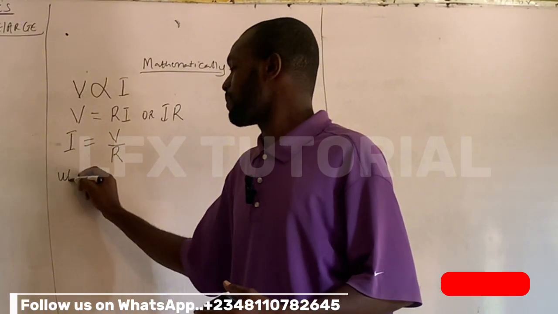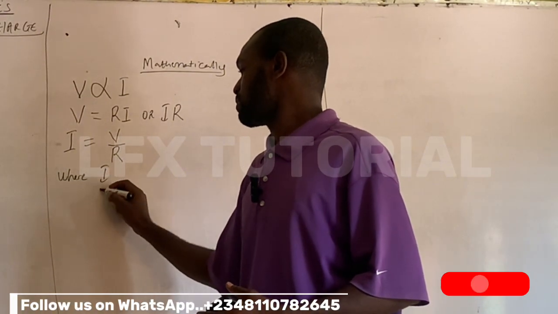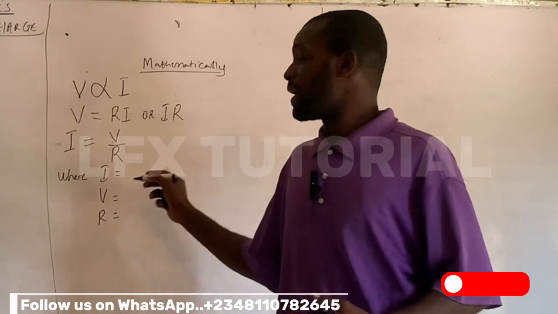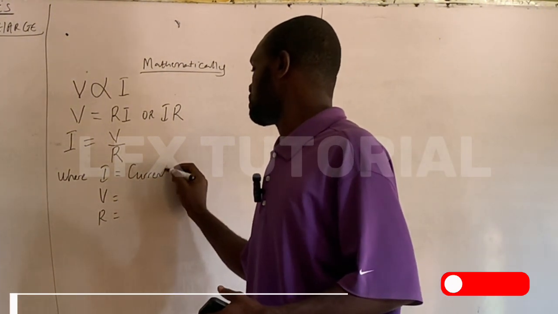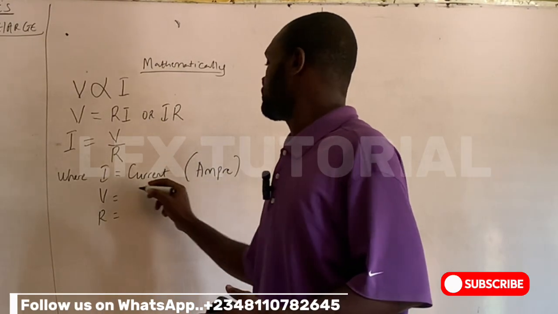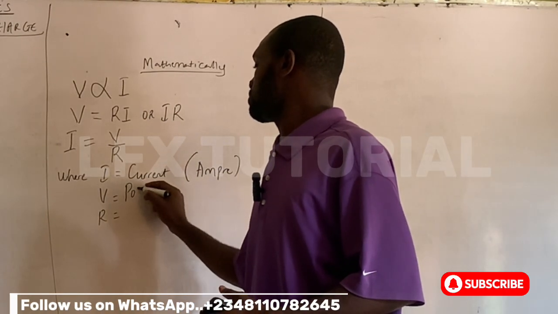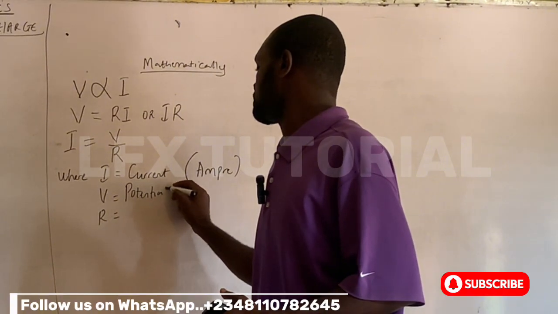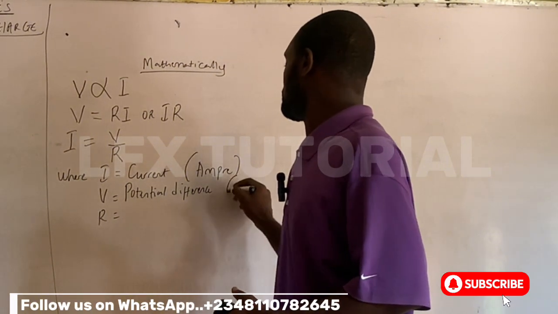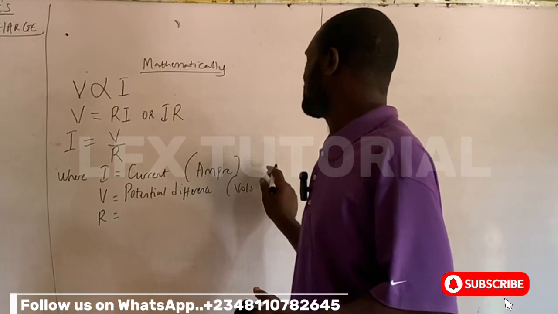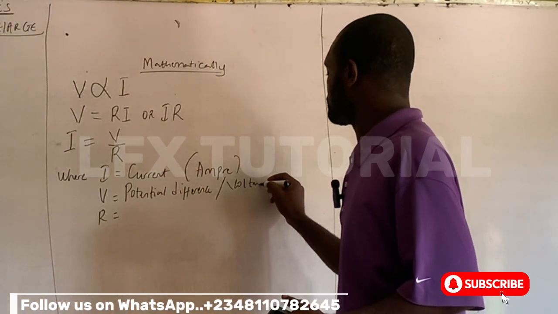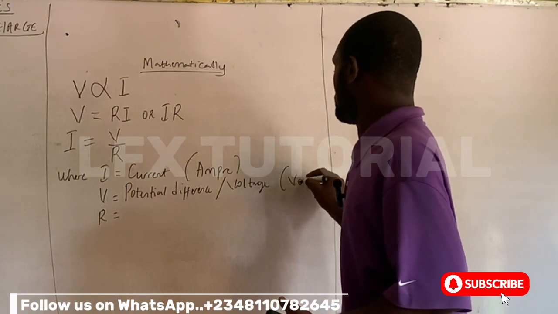I equals V over R, where I is the current, measured in amperes. V is the potential difference, measured in volts. It can also be called voltage, measured in volts.